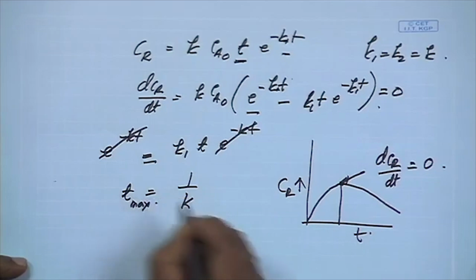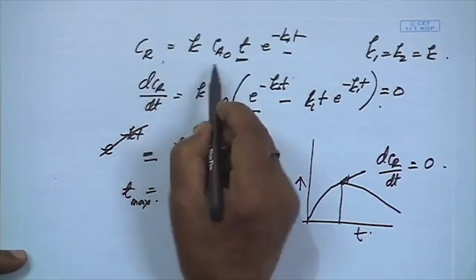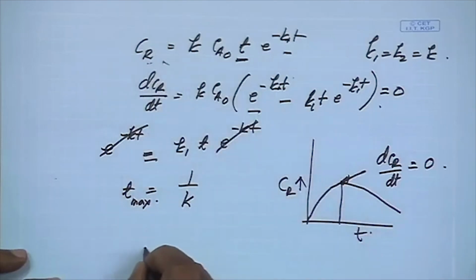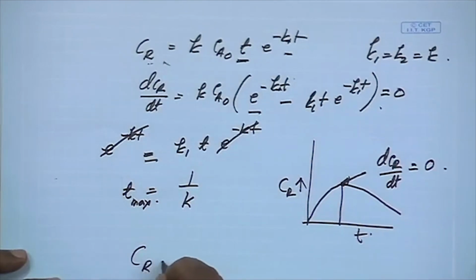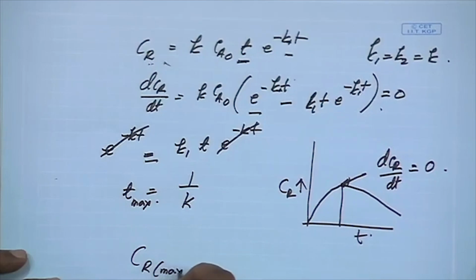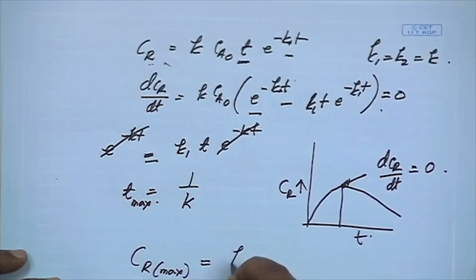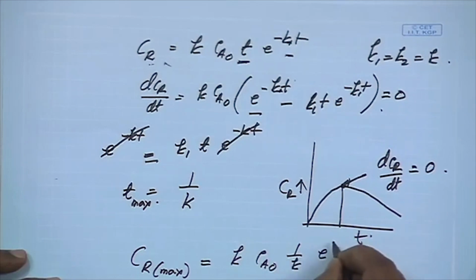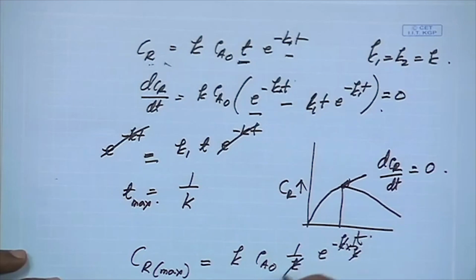Now we already have the expression for Cr, so I can write Cr max equal to K into Ca0 into t, where t is 1 by K, e to the power minus K multiplied by 1 by K. So this will cancel, and this will cancel.